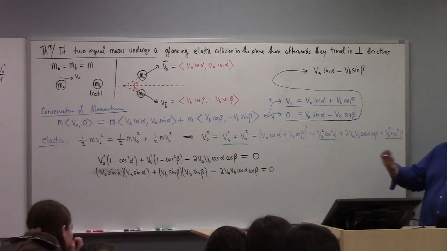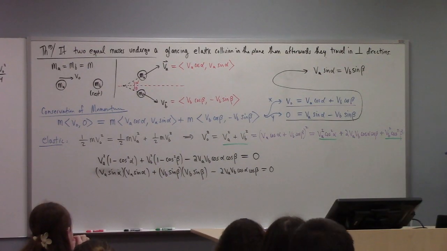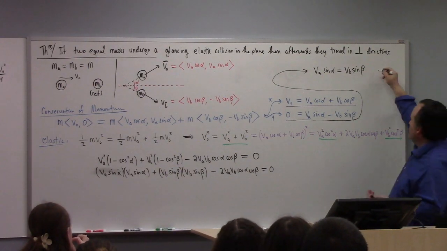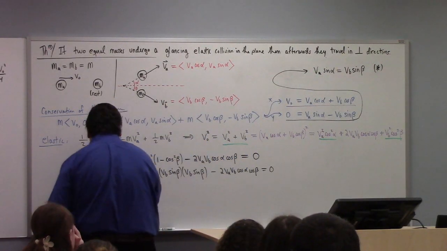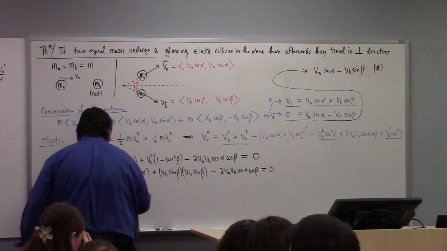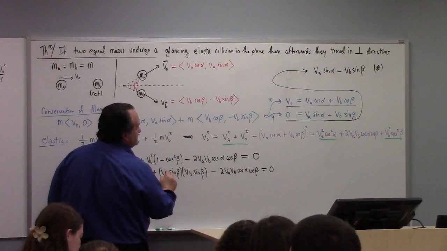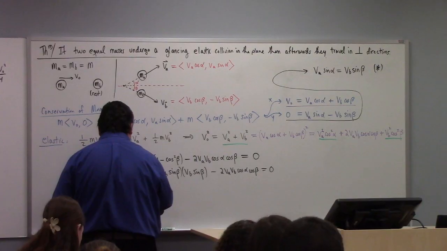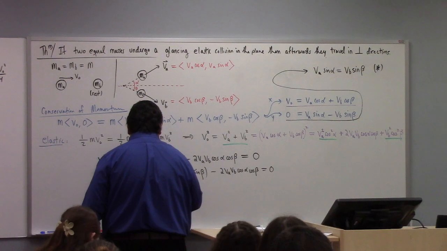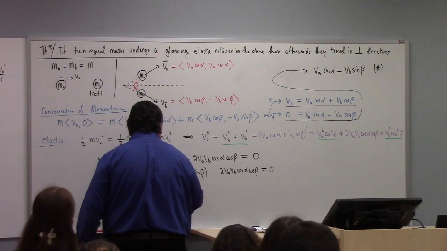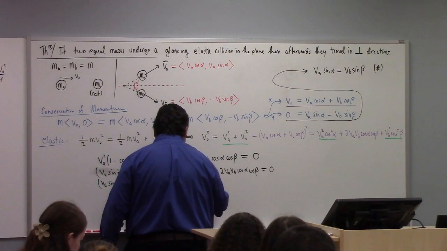So we can trade the left-hand side for the right-hand side or vice versa, right? Let me call this equation star. We can use star to make the following modifications. I can trade this out for VA sine alpha times VB sine beta, right? And then over here, I've got VB sine beta, and I can trade that for a VA sine alpha, right?